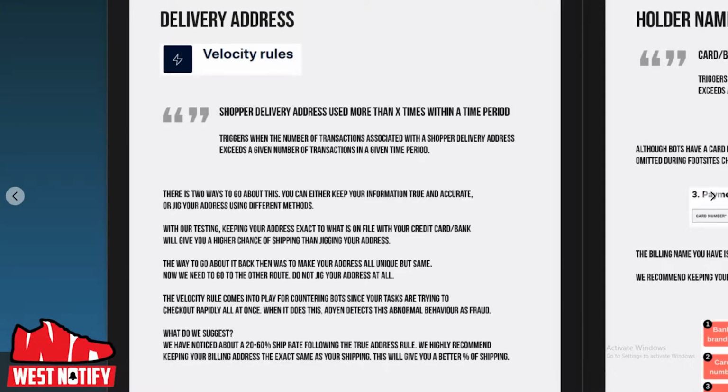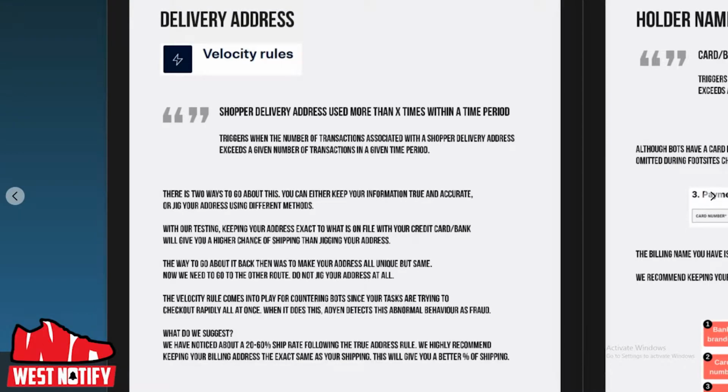Most recently, from my testing, I've switched up the first line address a little bit with either the 4 letter jig, so a random 4 characters on the front of the house number or in between the house number and the street name. Or what I do is either a random 1 character or a random 2 character. That's worked out for me.